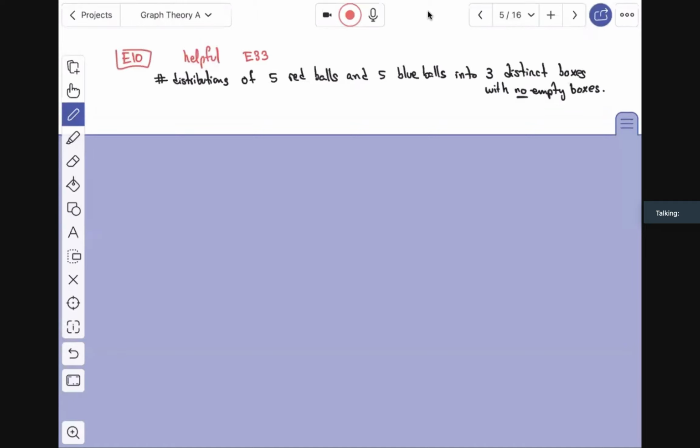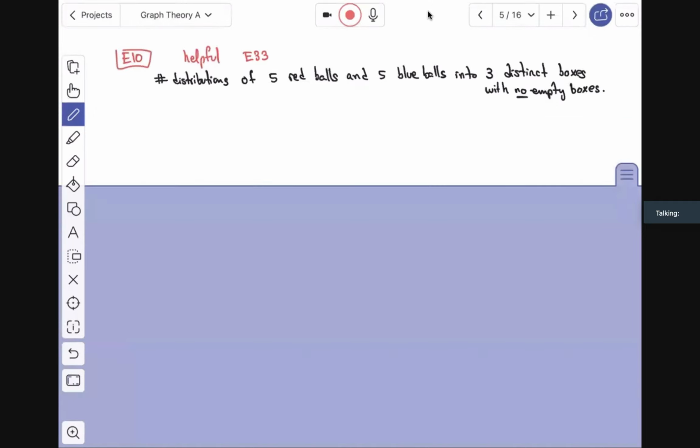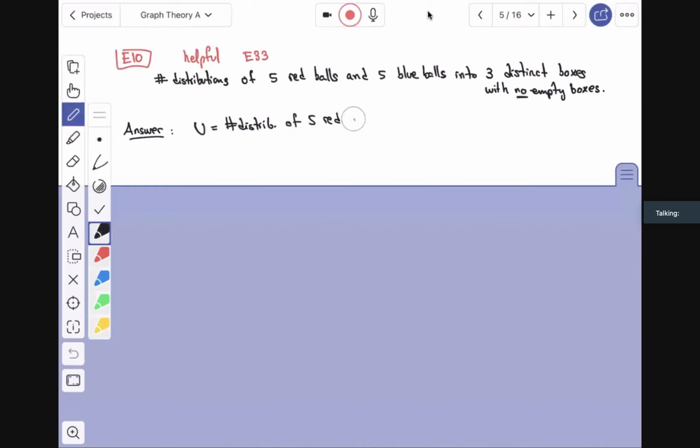So for our answer, U is going to be the number of distributions of 5 red and 5 blue balls into 3 distinct boxes, no restrictions.